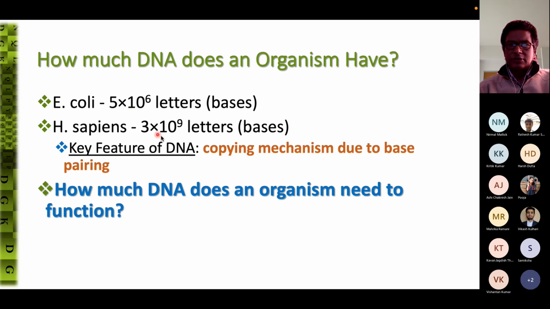If we talked about Homo sapiens, then we have a trillion bases, let's say. And if we talked about the copying mechanism or base pairing, that would be a special feature that defines life in general. So how it does it and what it does, those are things that we have to go back and try to understand in the context of how evolution has shaped this.